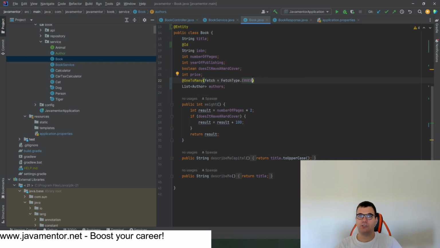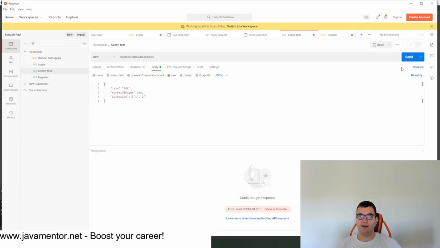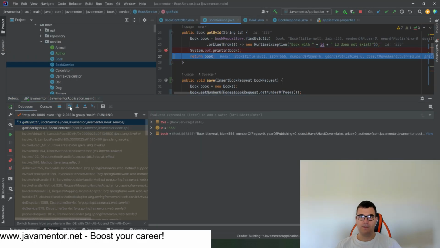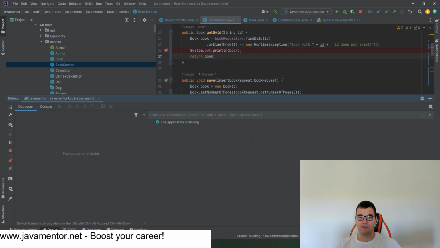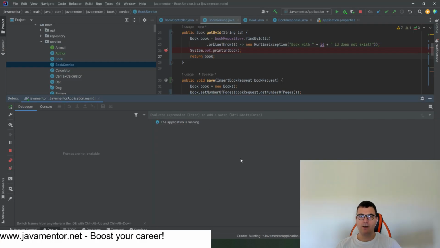This is an instruction for JPA and Hibernate. Hey, please, when you fetch book, fetch authors in one go. If we try our endpoint now, everything is fine with the book, with the authors. We are receiving a proper result. 200 okay. We didn't receive that lazy exception.